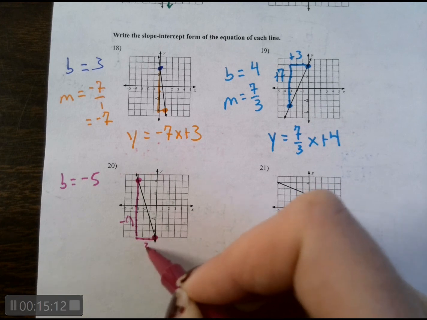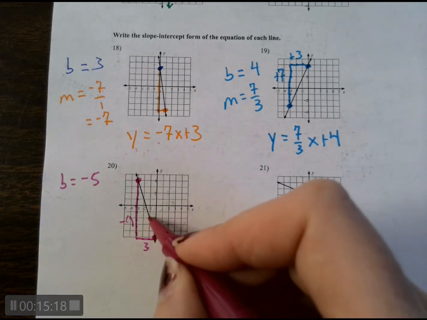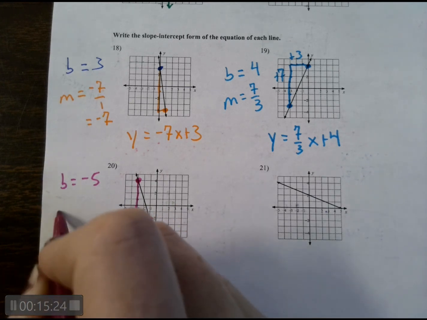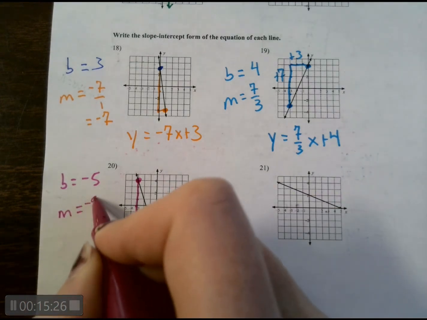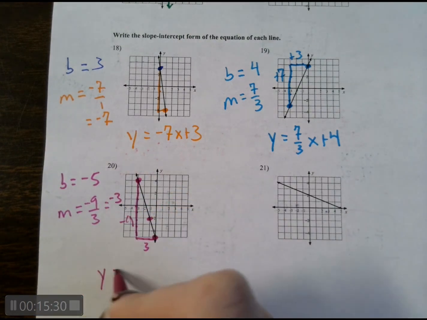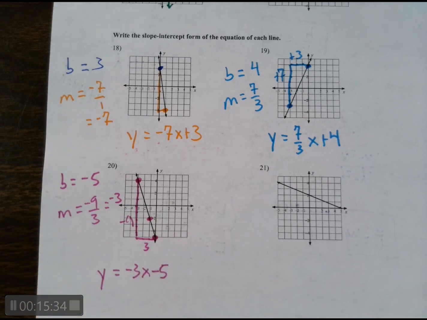And then 1, 2, 3. Okay. So this one probably was that point, which is good. It was. So this one was also a pretty point. Okay. Again, I always triple check to make sure. So negative 9 over 3 will also just equal negative 3. So y equals negative 3x minus 5.